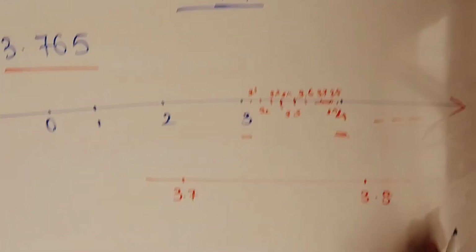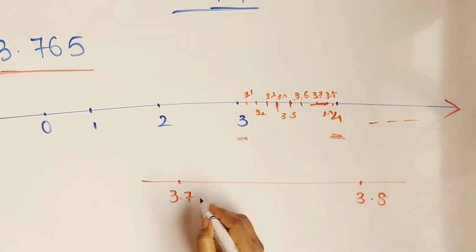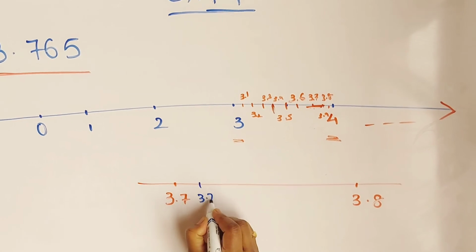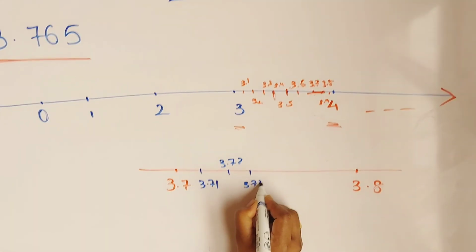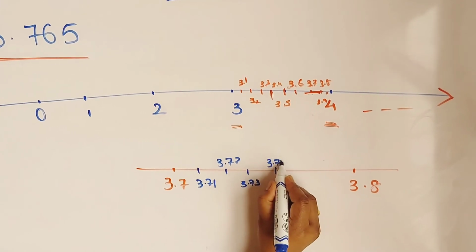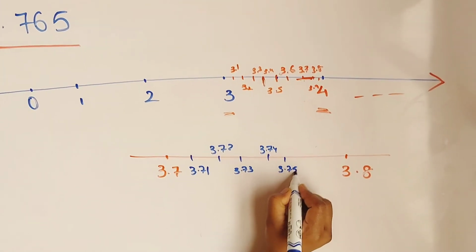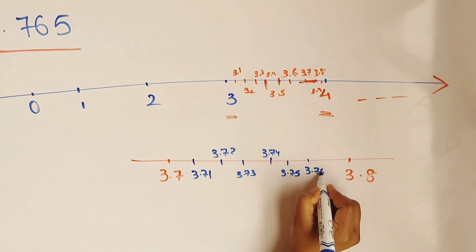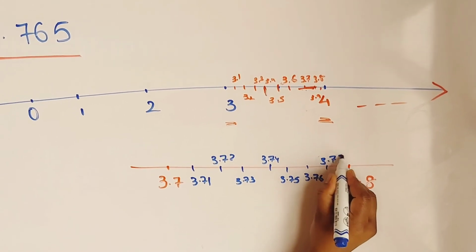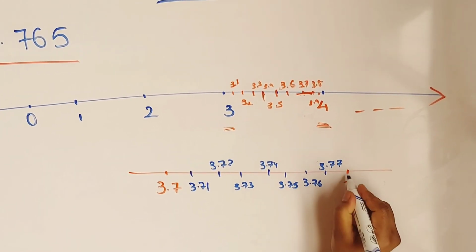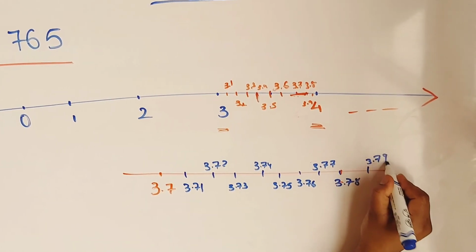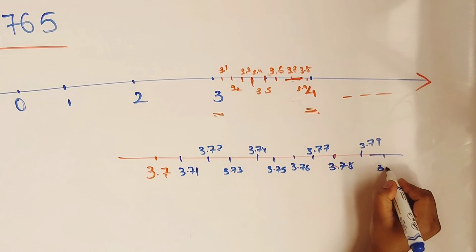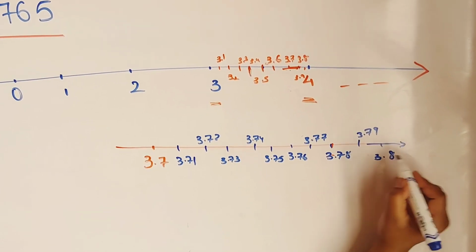Now in between we have to write the numbers. After 3.7: 3.71, 3.72, 3.73, 3.74, 3.75, 3.76, 3.77, 3.78, 3.79, 3.8, children.